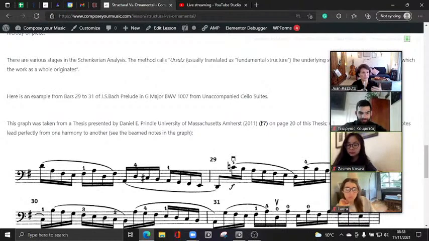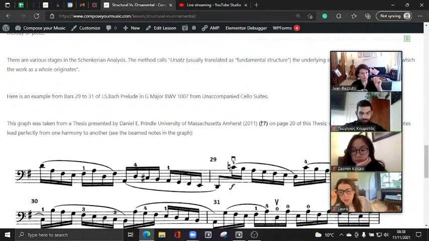His job was to revise thousands and thousands of pieces, and he started to see that there were some connectors, some notes, the pillars, let's say, upon which the ornamental layer was built and could stand.